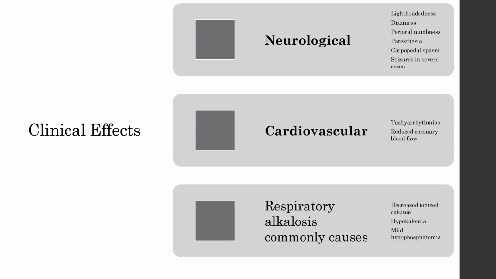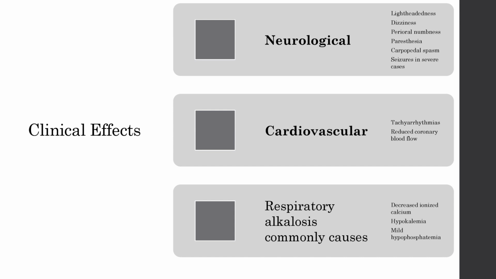Respiratory alkalosis affects multiple organ systems. Neurological symptoms including lightheadedness, dizziness, perioral numbness, paresthesia, carpopedal spasm, and seizures in severe cases. Cardiovascular signs and symptoms including tachyarrhythmias and reduced coronary blood flow.